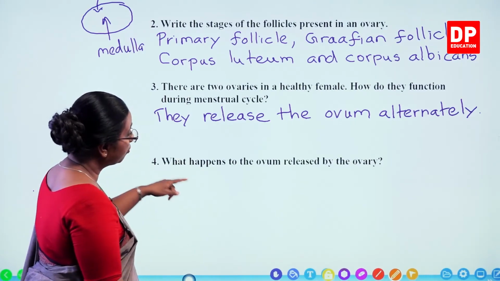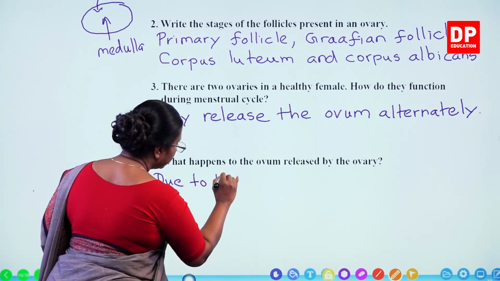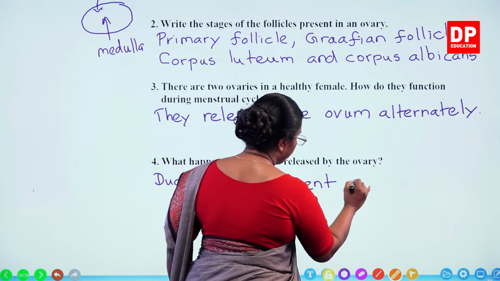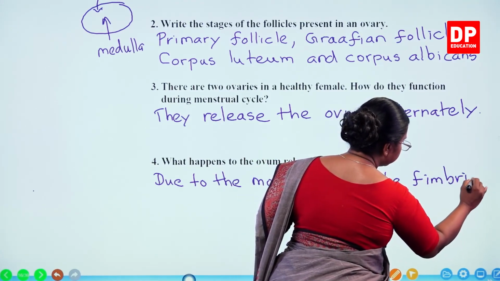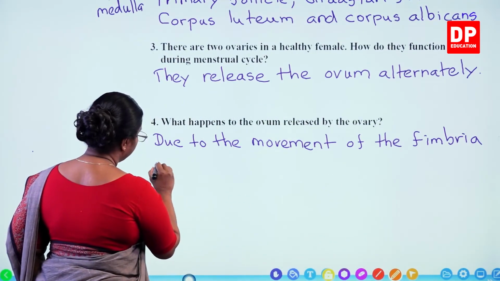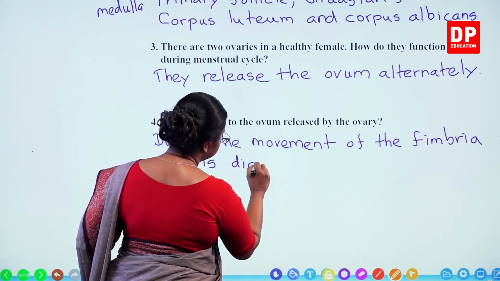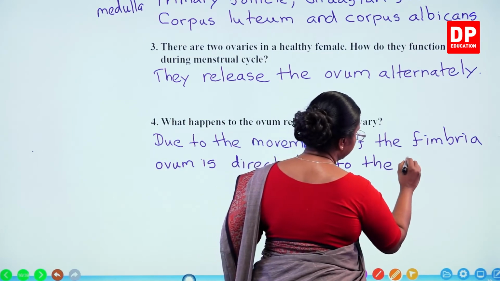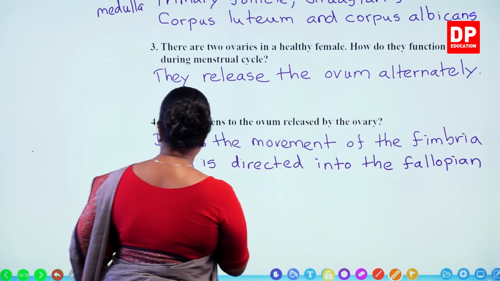So what happens to the ovum released by the ovary? Due to the movement of the fimbria, ovum is directed into the fallopian tube.